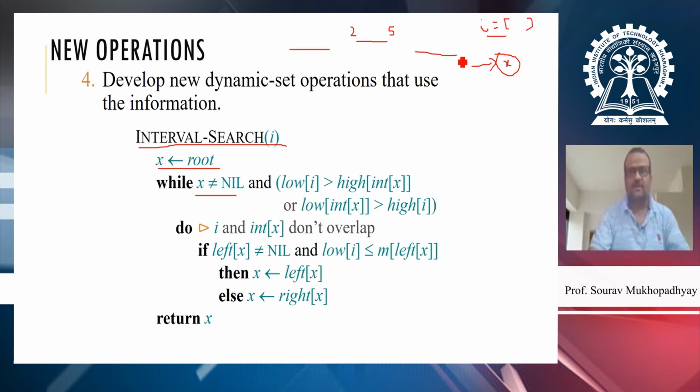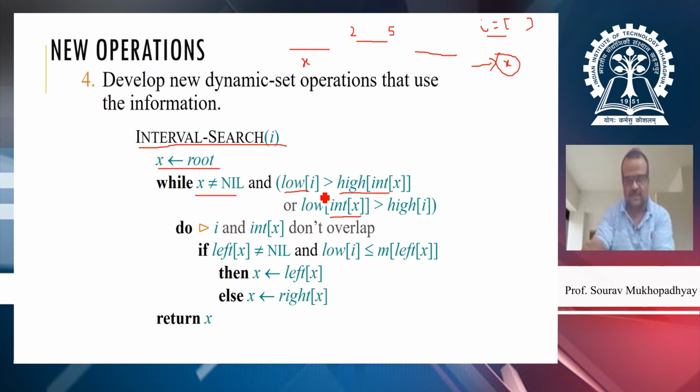If x is completely on the left, it means the high of x is less than the low of I, so low of I is greater than high of x. This is our x.